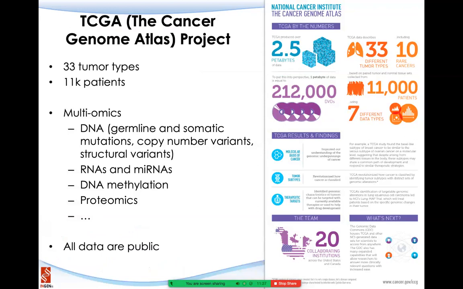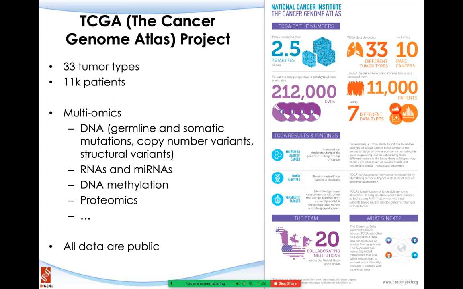Another very famous consortium is TCGA, or the Cancer Genome Atlas project. The goal of this project is really trying to understand the molecular features of different types of cancers. In this project, they focus on 33 different tumor types, and they sequenced tumor samples from over 11,000 patients.